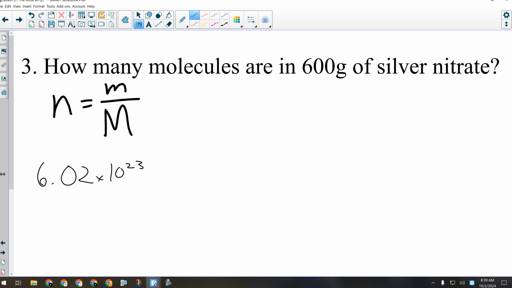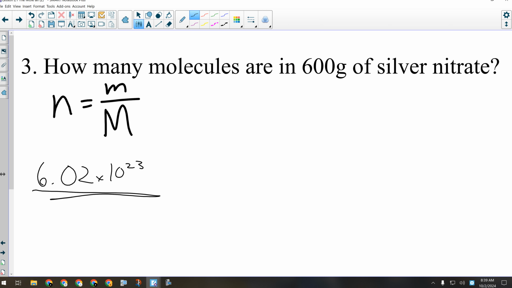All right, so let's go through how we would solve a type 3 mole equation problem. How many molecules? Not something that's part of the mole equation, would you agree? Like, n is number of moles, little m is mass, big M is molar mass. Number of molecules is not in that equation. Now, what does this number tell me again? How many molecules are in one mole?